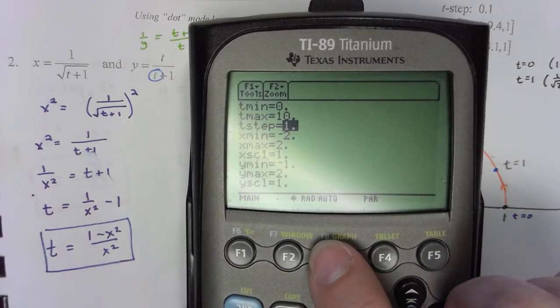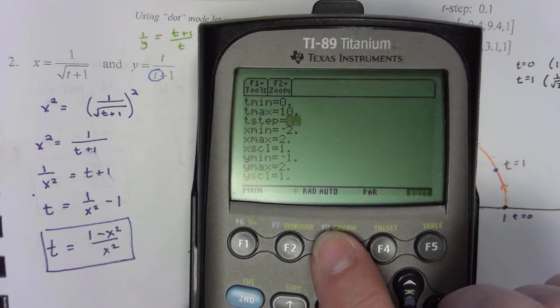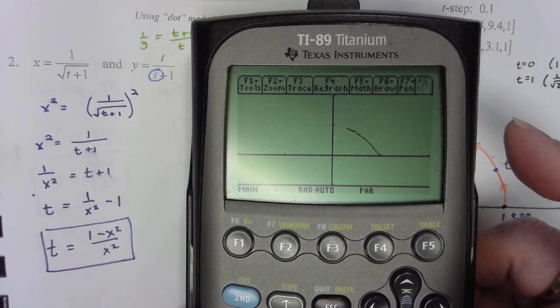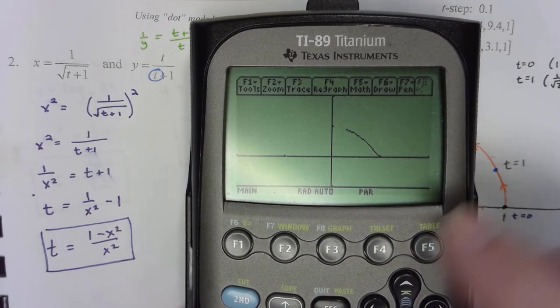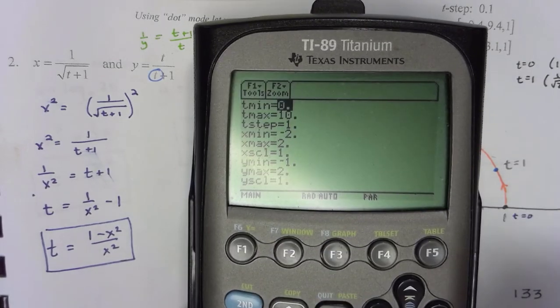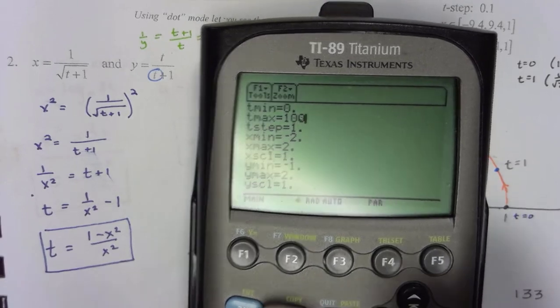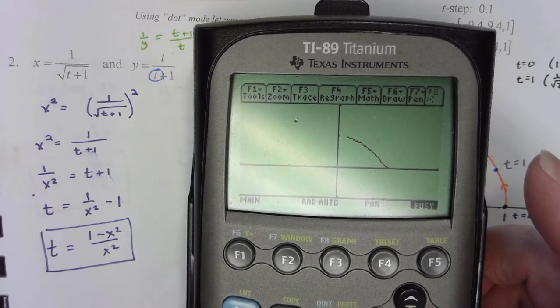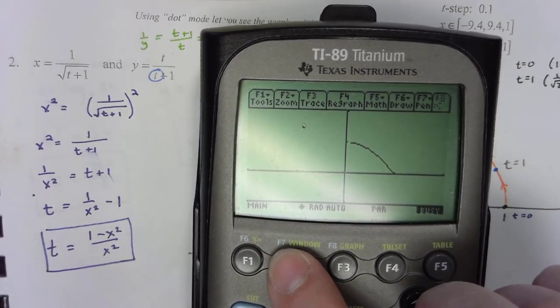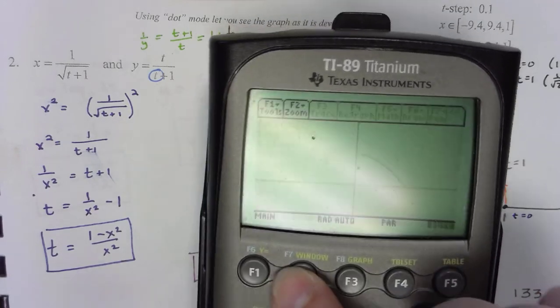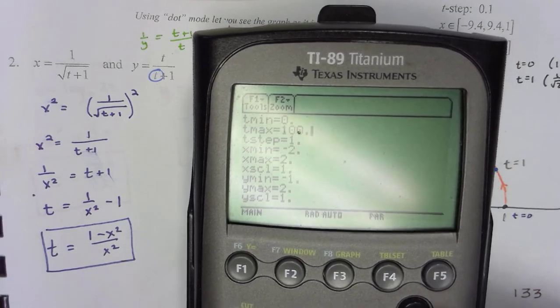And I'm going to have my t-step in 1 unit so it'll graph fast. Look, it doesn't get all the way to x equals 0 or y equals 1. So let's say, well, maybe let's let my t-max be 100. Okay, I'm getting closer. Let's let my t-max be 1,000.